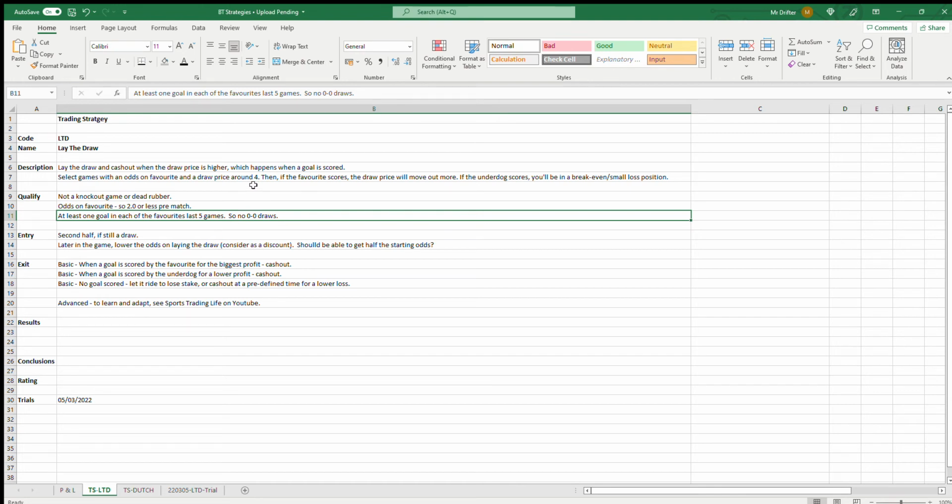So where you're putting your £10 on at 4 and you potentially run a liability risk of losing £40, from my experience you're going to get under 3, so it's going to be like 2.6, 2.7, 2.8 for the draw. So if you're putting £10 on, then you're only looking at losing £27, £28 maximum if it stays at nil each.